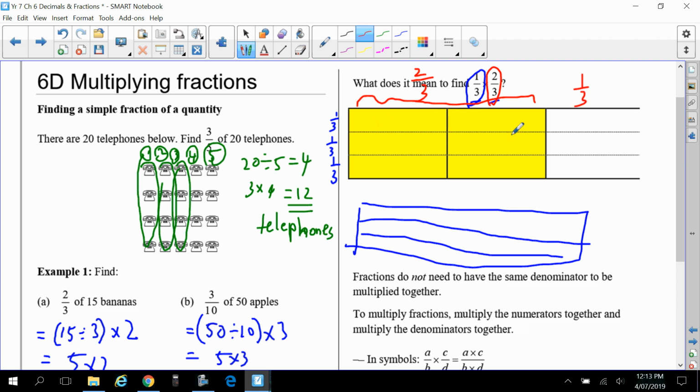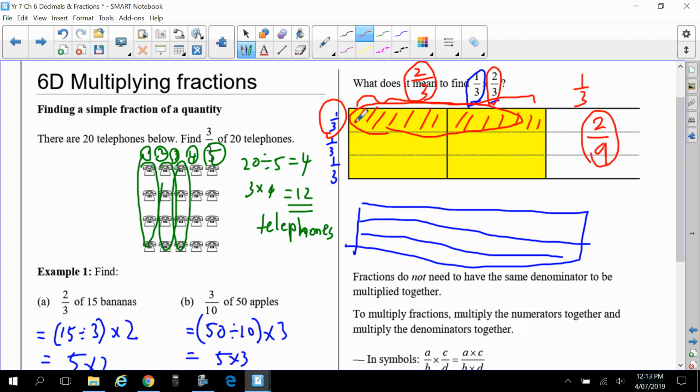So we only take 2/3 of a third. What would that be? That would just be this bit. So 1/3 times 2/3 gives you this. So the answer is actually 2 over 9.